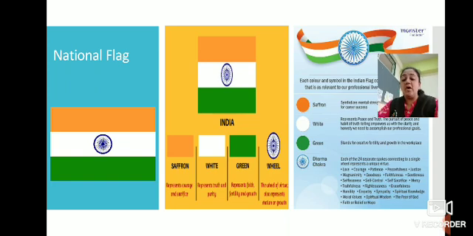Yes children, because it has three colors in it. Which three colors do you observe in the national flag of India? Orange, white and green. Yes, these are the three colors in our national flag, and that is why it is known as the national flag of India, the Tiranga or tricolor.